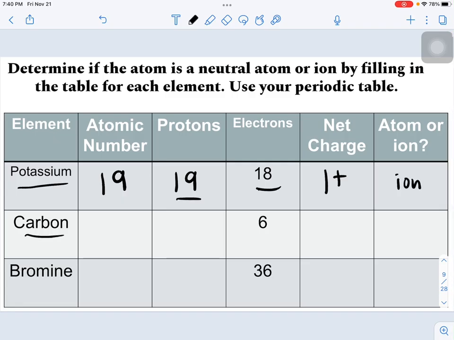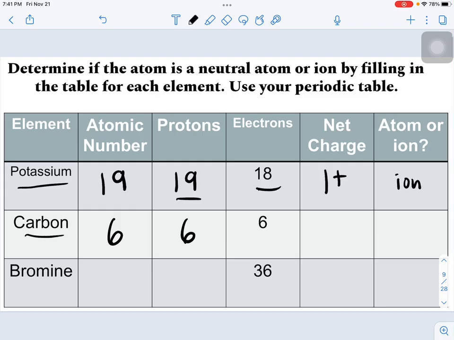We know that carbon is atomic number 12, so that means it has 12 protons. And actually, carbon is not atomic number 12. Carbon is atomic number 6, so that means it has 6 protons.